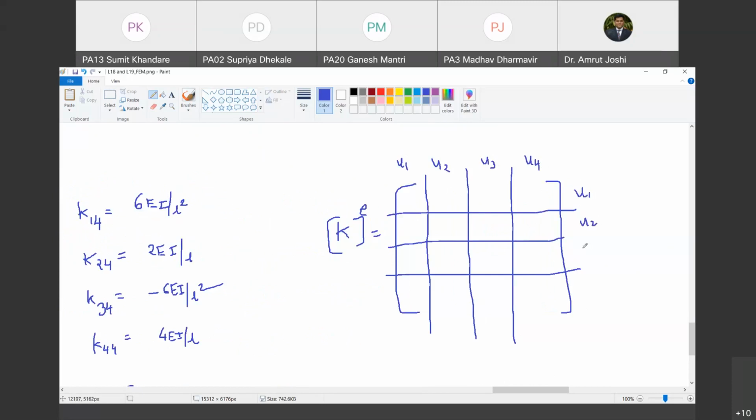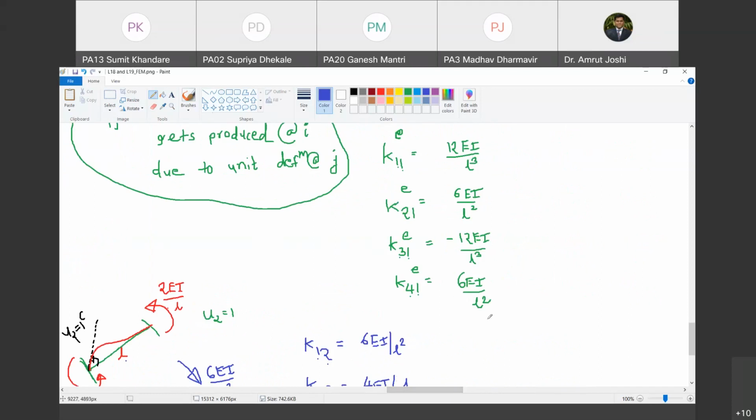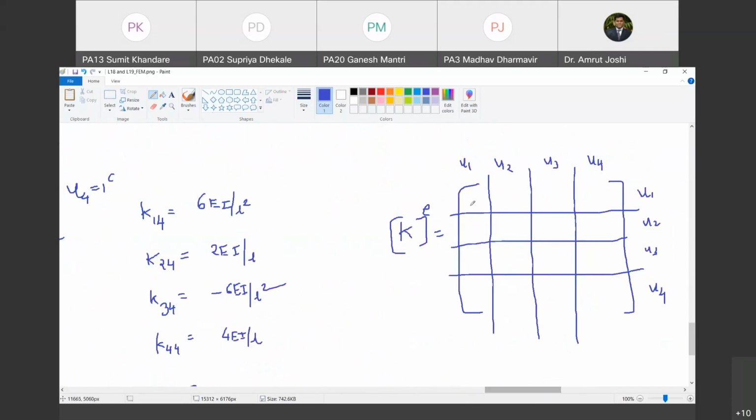Are you with me? What is K11? Let us go back and look at it: 12EI upon L cube. Happy? 12EI upon L cube. Are you with me, Ganesh?